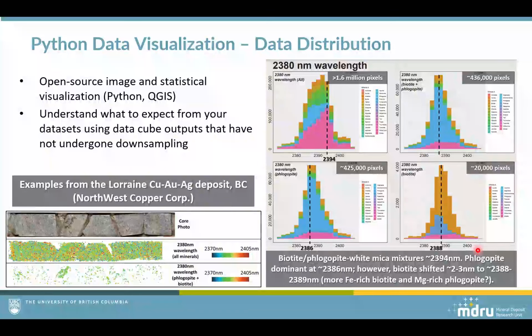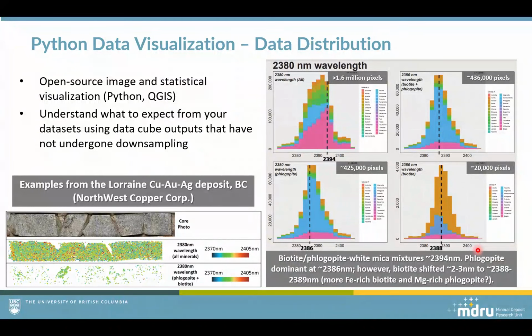For all the slides moving forward, we have a data set from Northwest Copper from the Lorraine copper gold silver deposit that Derek presented on earlier. And what I'm going to be looking at specifically is biotite or phlogopite compositions, where one of the diagnostic features of that mineral is the 2380 nanometer wavelength position.